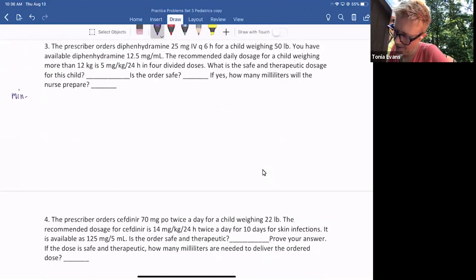So minimum, what's our minimum milligrams per dose? Oops, it's not a range, sorry. Not a range, just a therapeutic dose. Okay. So what's a therapeutic milligrams per dose? 5 milligram per kilogram per day.